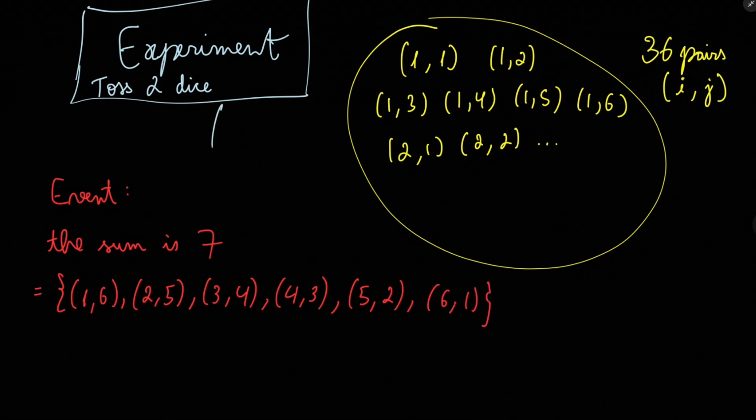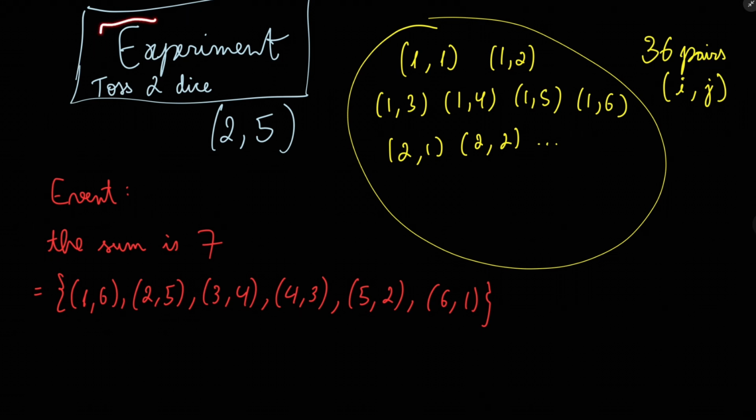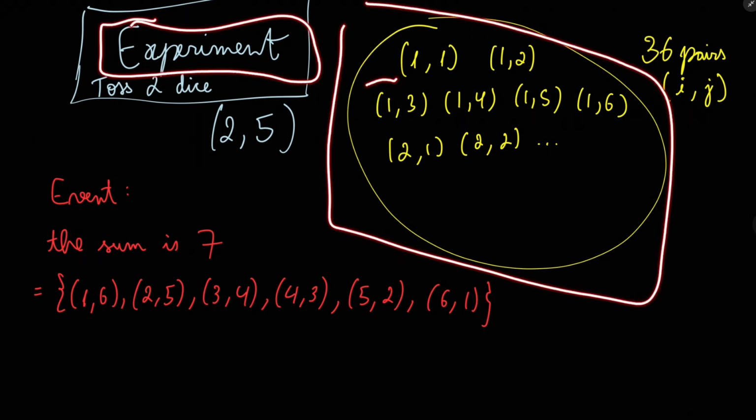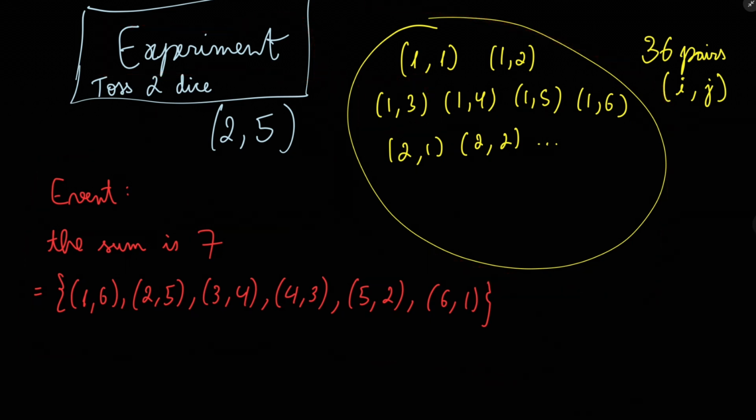Now let's say the experiment produced the outcome 2 and 5. Since 2, 5 is in the event set, we can say that the event, the sum is 7, occurred. So I hope it is now clear what are an experiment, the sample space, a single outcome, and an event.